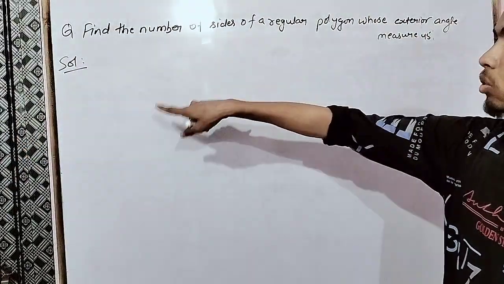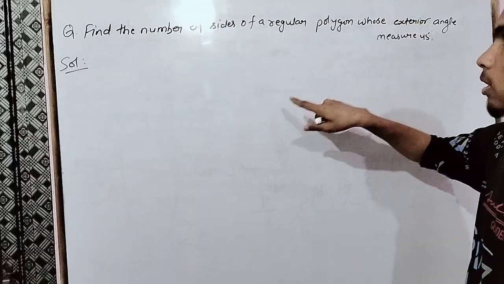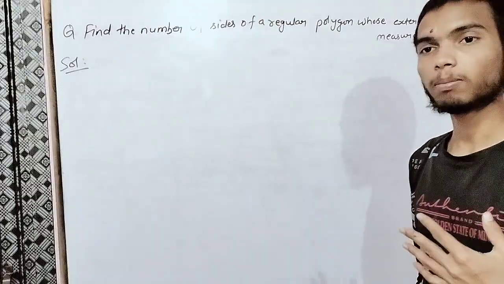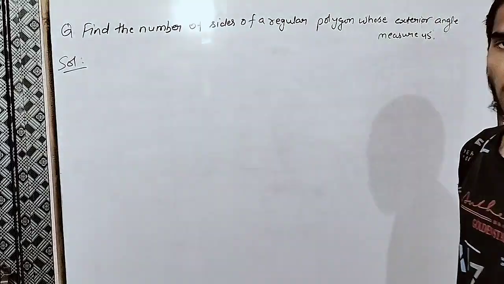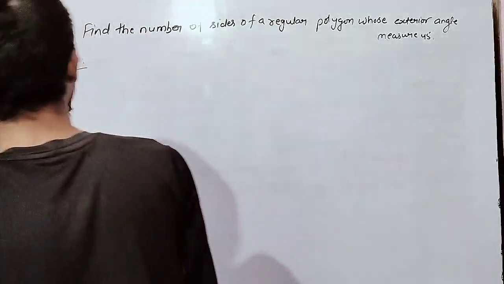Now we are going to find the number of sides of the regular polygon. We don't have the exact polygon. That is what we are going to find out. That is what the question is saying.